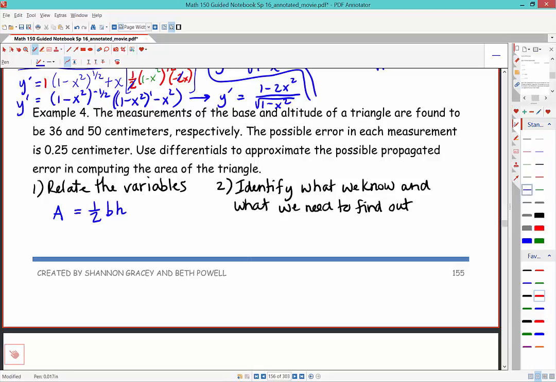So we know that the base was equal to 36 centimeters, right? And we know that the height was equal to 50 centimeters. And we know that the error in each measurement is 1/4 centimeter.